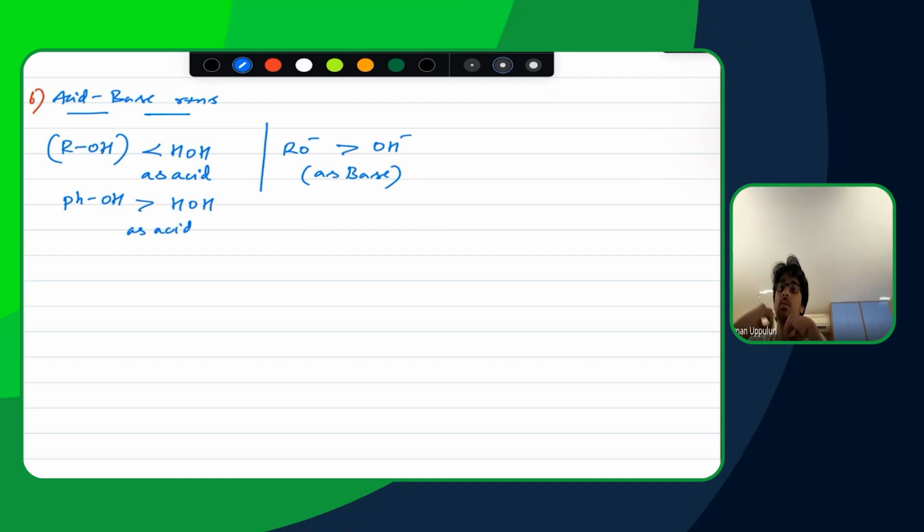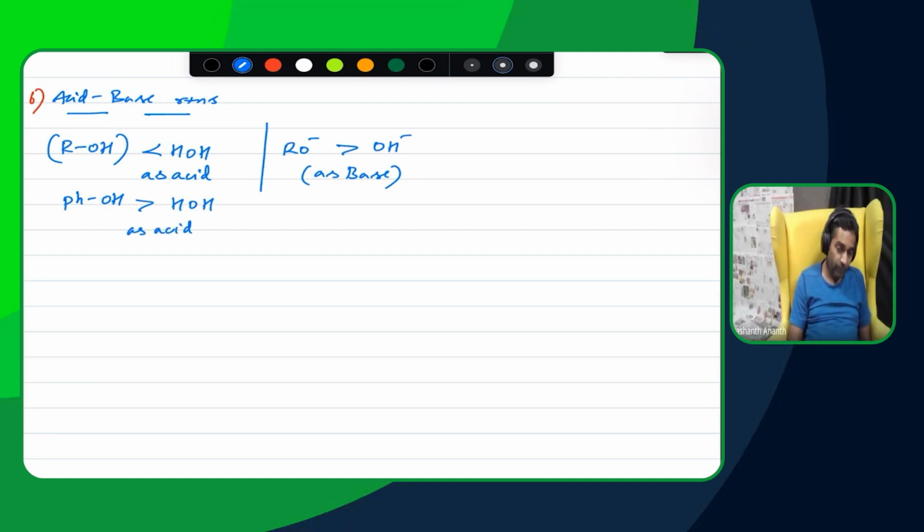Now let us look at some reactions involving these as acids. What would be the reactions then? Phenol will dissolve in sodium hydroxide.